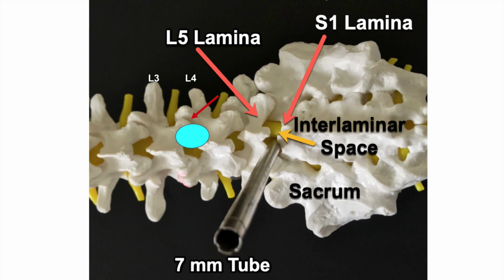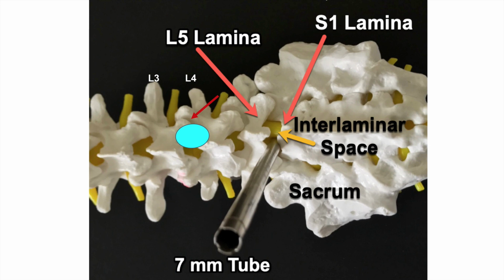Just removing some portion of the lamina of each one and burring away the edges is not going to destabilize, because the facet joint remains intact, and also importantly the soft tissues, which we're going to talk about in a moment, are also pretty much left intact.